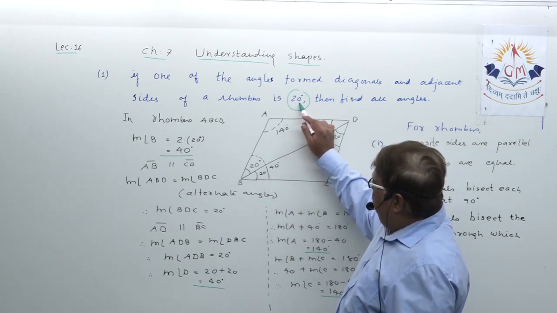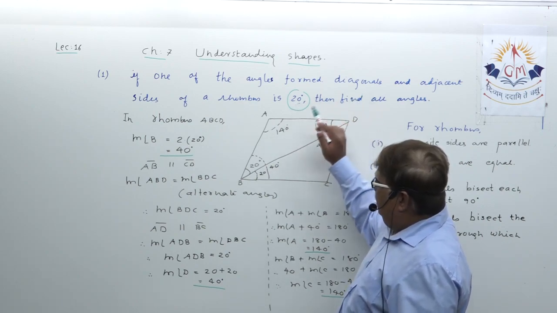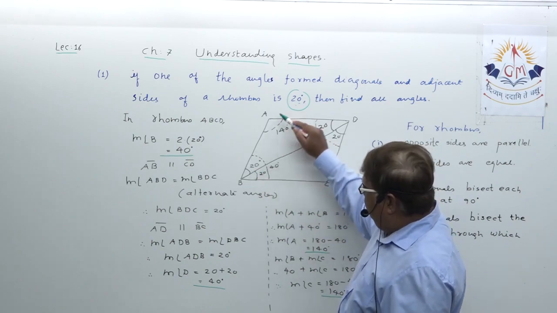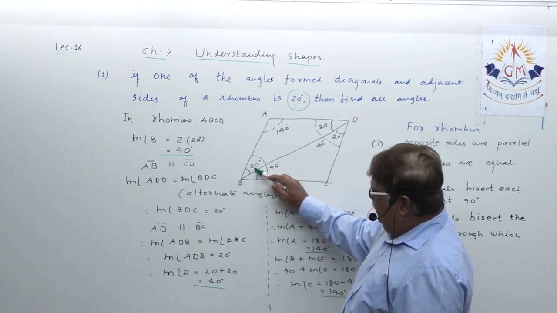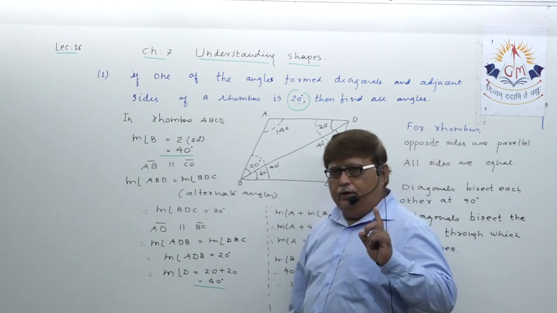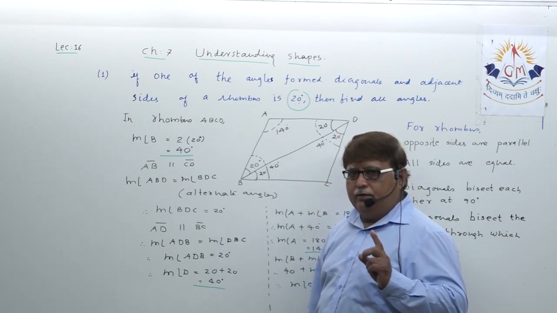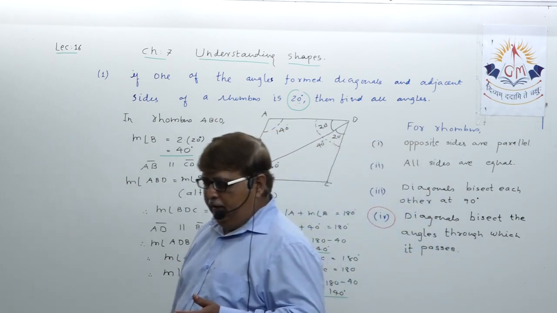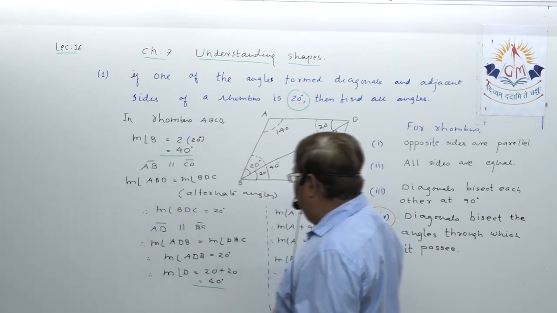It has been given that one of the angles formed by diagonal and adjacent side. This is diagonal, this is adjacent side. So we show 20 here. You may show 20 here, anywhere you can show. In maths, don't stick to the fact in that way that you are not able to find any alternative method. You should be very sure about.